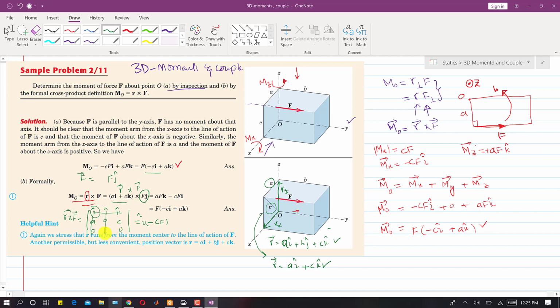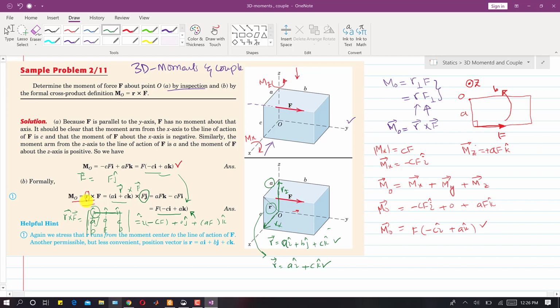Now if I hide this, we are left with A into 0 and C into 0, so this is 0 j. And now if I hide this, we get A into F, so this will be AF minus 0, multiplied with k. As we can see, if we simplify this, this result and this result are both the same.